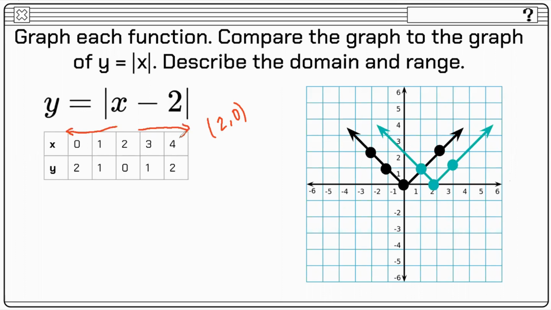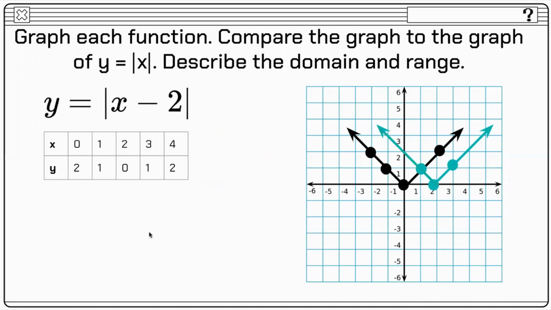So I chose 0, 1, 2, 3, 4. However, if you were only to choose the standard set of -2, -1, 0, 1, 2, notice that your vertex is at 2, so you would actually only be getting the left side of your graph. So make sure you're trying to find your vertex first so that you can get a convenient set of points.